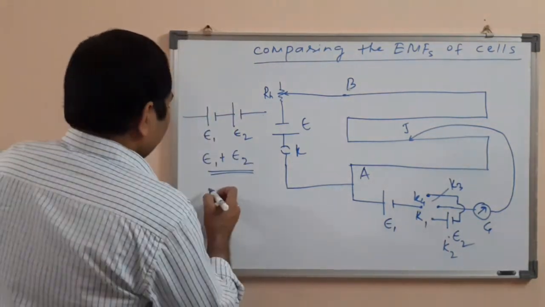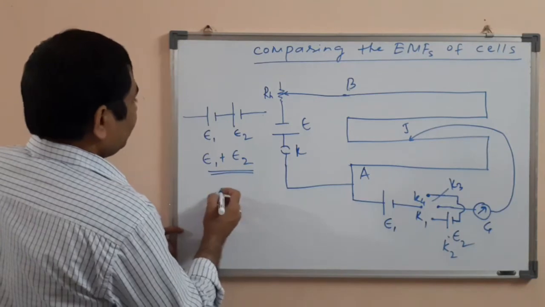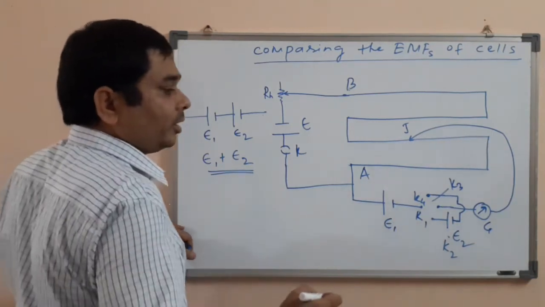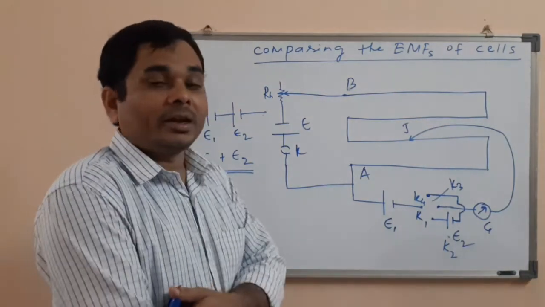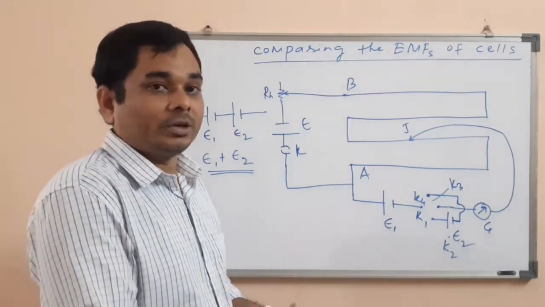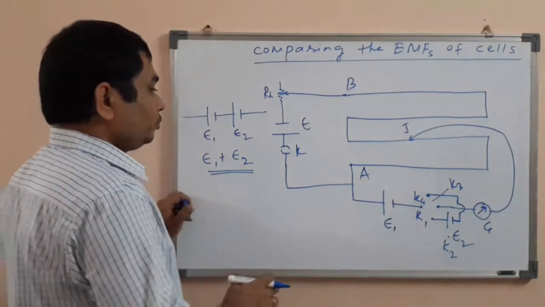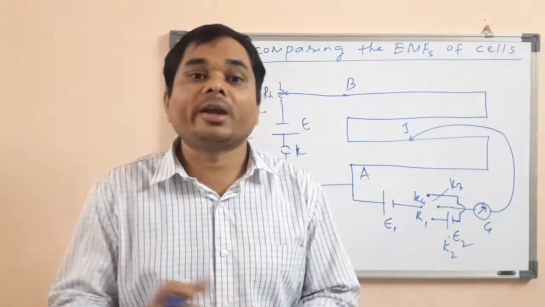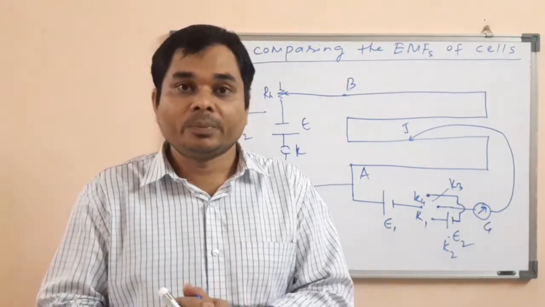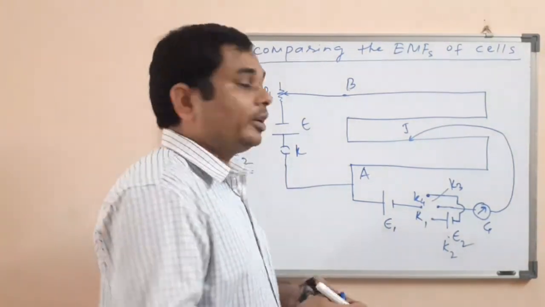Now but if the two cells are connected in such a way that their positive terminals are connected together or their negative terminals are connected together, then they are in the difference mode.